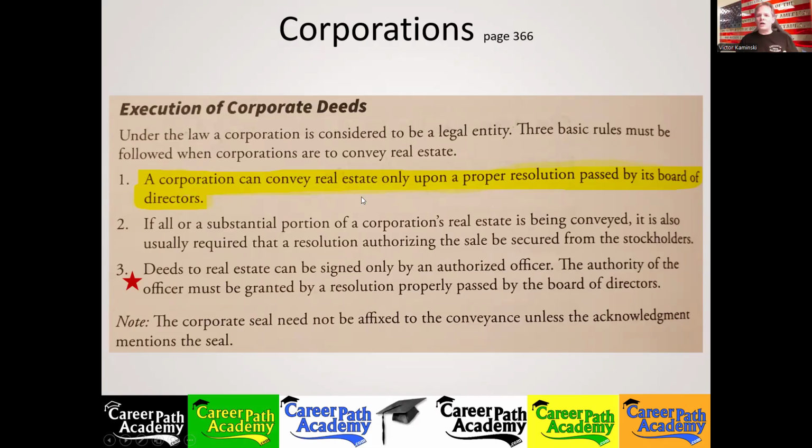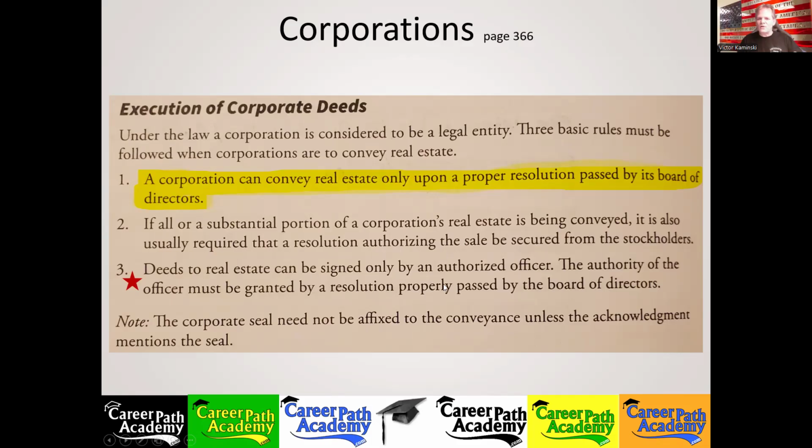However, if all or a substantial amount of a corporation's real estate is going to be liquidated and sold off, then that will usually require a resolution authorizing the sale secured from their shareholders. Deeds to real estate, when a corporation is selling the real estate, who is authorized to sign?